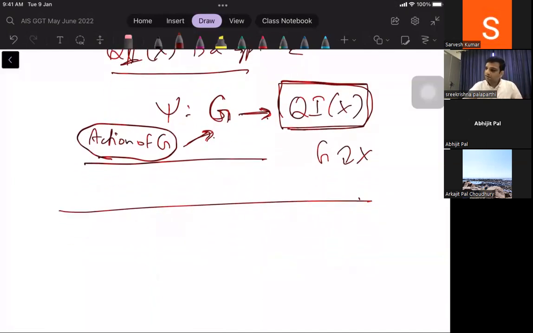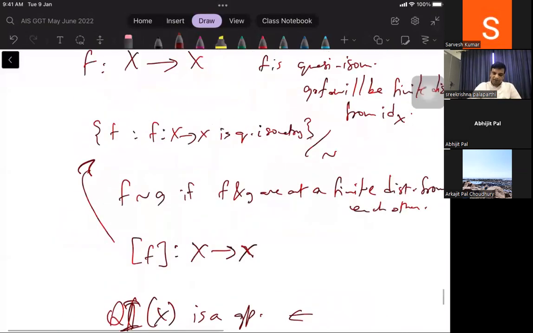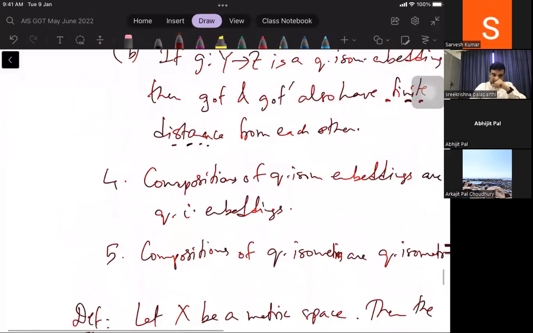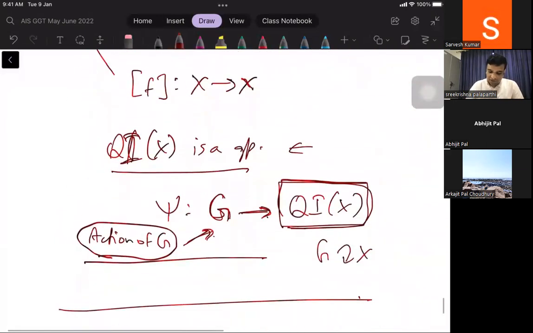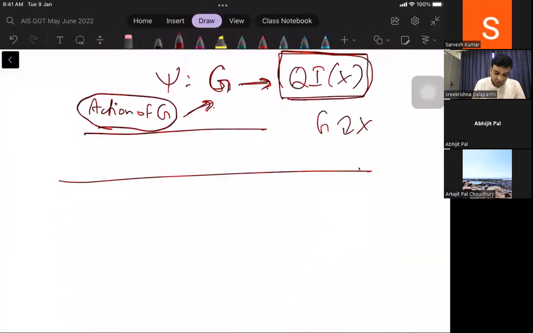Now we will talk about quasi isometry types of groups. So far we were talking about metric spaces and definitions in metric spaces. Now we will talk about groups and put a metric on them using their Cayley graph.